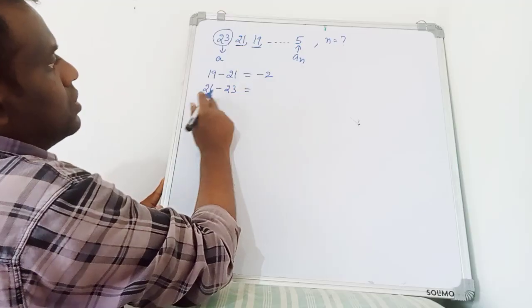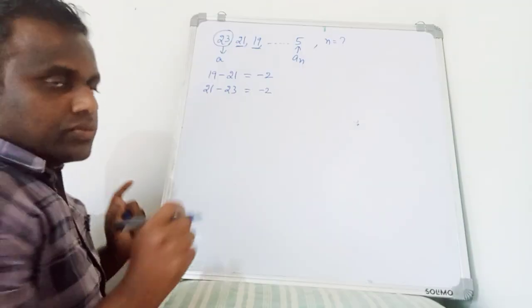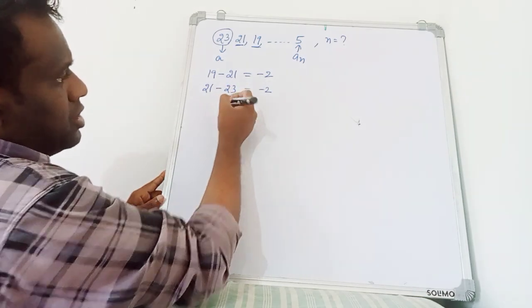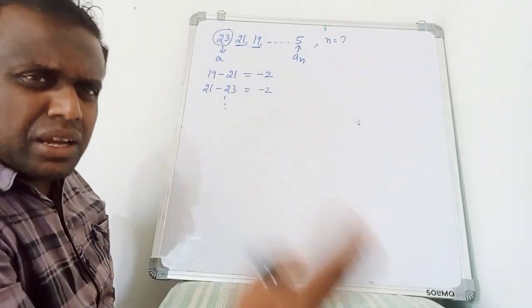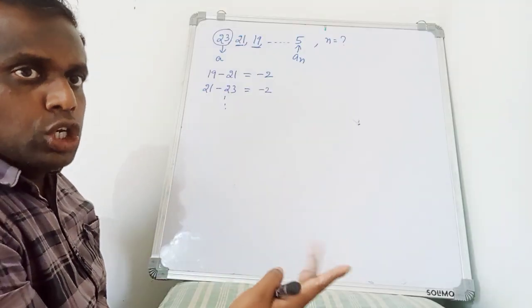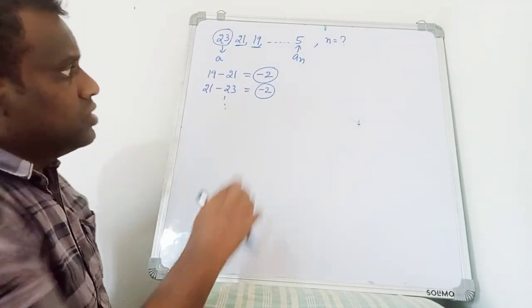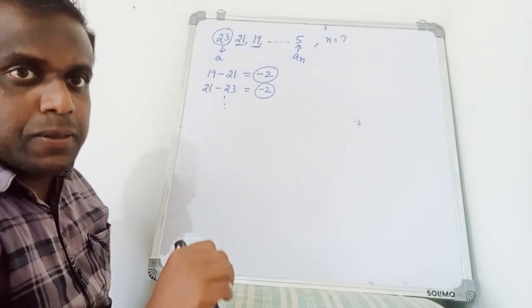So 21 minus 23, how much? We get minus 2. Like this, if you continue, you take any number minus the first previous number, you get the same answer, minus 2, minus 2. So this is called the common difference.